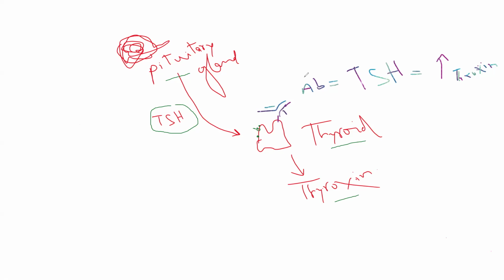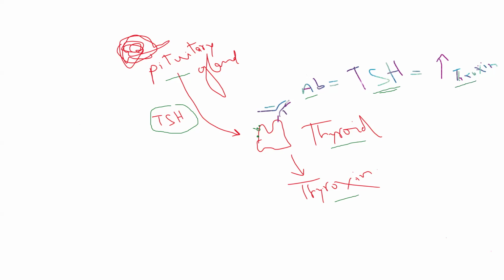These antibodies bind with the receptors for thyroid stimulating hormone, and then they act like TSH, and the thyroid cells think that there is a signal from the pituitary gland, and they start to produce thyroxine.